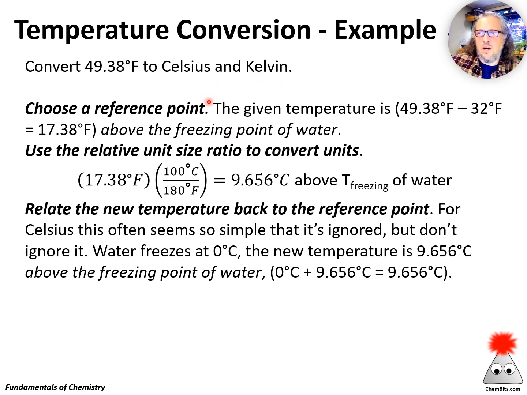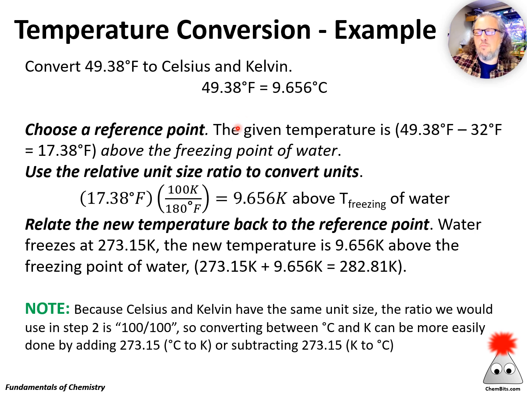How do we get from Fahrenheit to Kelvin? Well, we're going to start pretty much the same way. Choose a reference point. Again, let's choose the freezing point of water. Why not? 17.38 above the freezing point of water. Use the relative unit size to convert between units. 17.38 times 100 now Kelvin over 180 Fahrenheit, because again, those two are the same size.